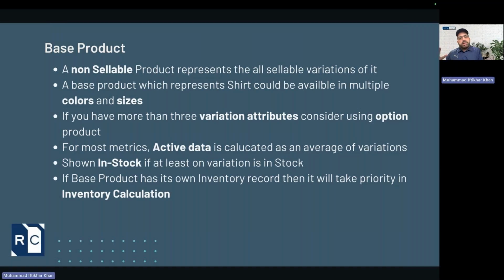Either you define the inventory records at the individual SKU level, or you define the base level product inventory as the collective of all the variations. It's up to the merchant how they manage, but if they manage inventory at the base level, then that will take priority.